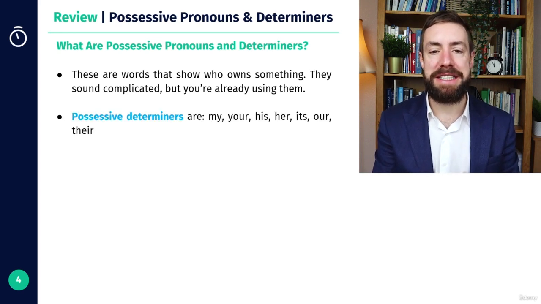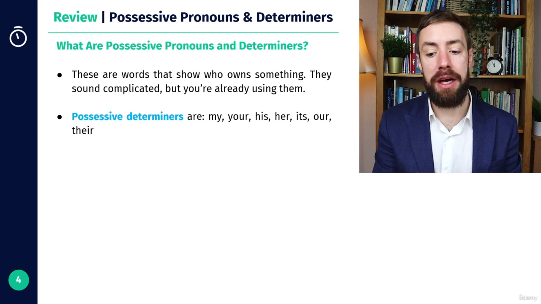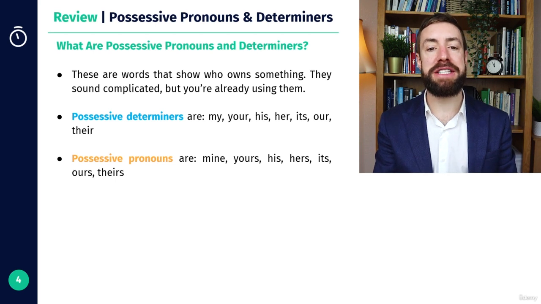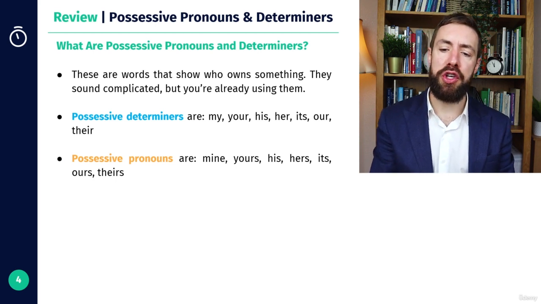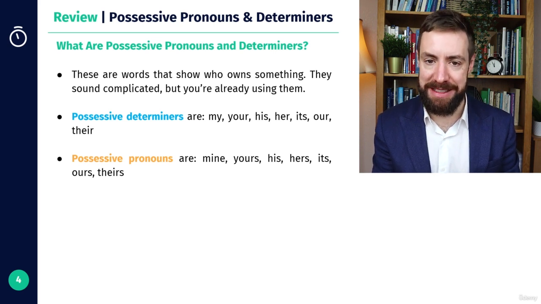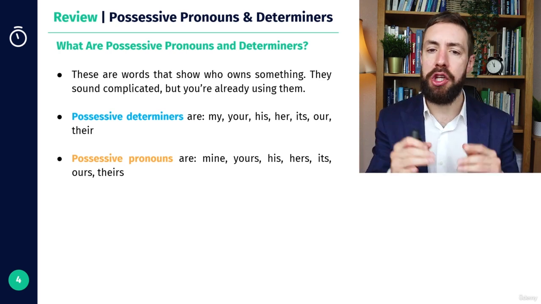So the possessive determiners are my, your, his, her, its, our, and their. And the possessive pronouns are mine, yours, his, hers, its, ours, and theirs. And really, this depends on where you put it, the way that you organize your sentence.